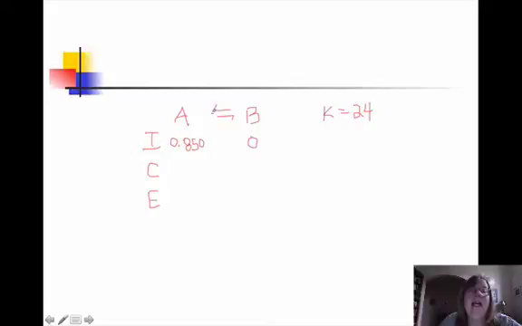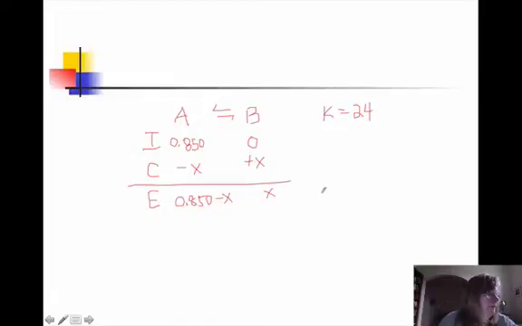Now, as this reaction goes, because there is nothing over here, it has to be proceeding from left to right. So we have to be making B, and we're depleting A until we get to a state of equilibrium where it's 0.850 minus X for A's concentration and X for B's concentration. Okay. So what we're going to do now is we're going to write our equilibrium expression.